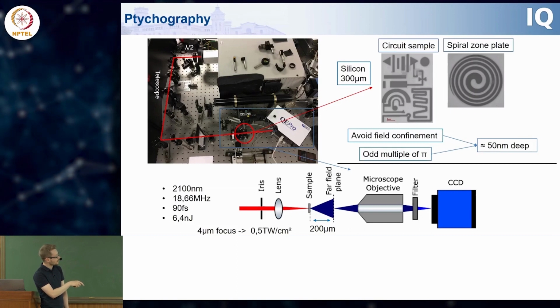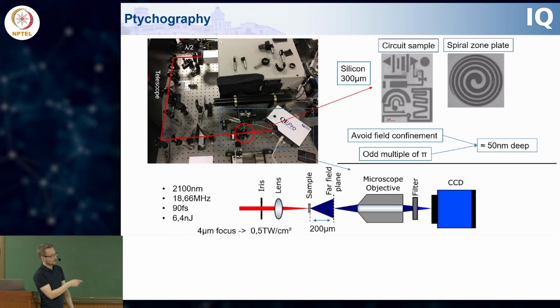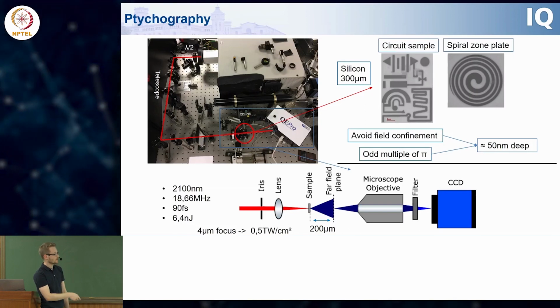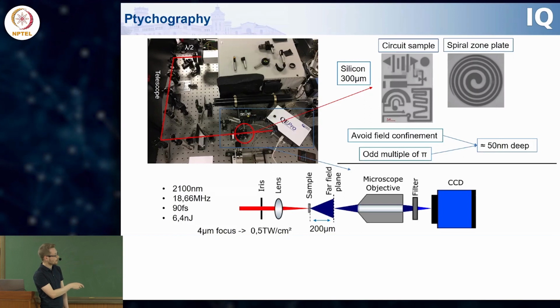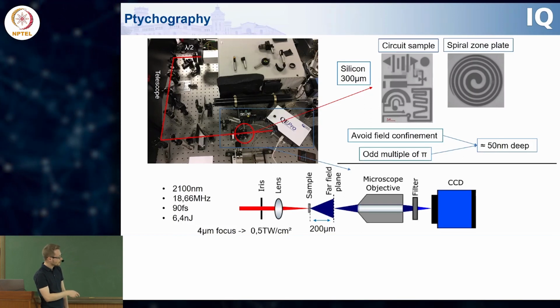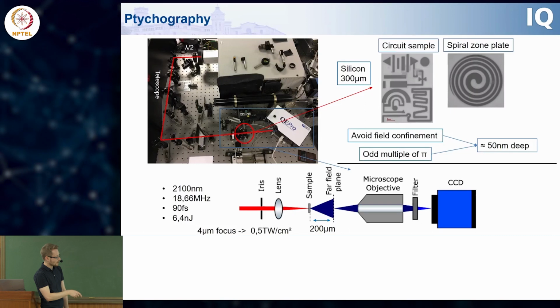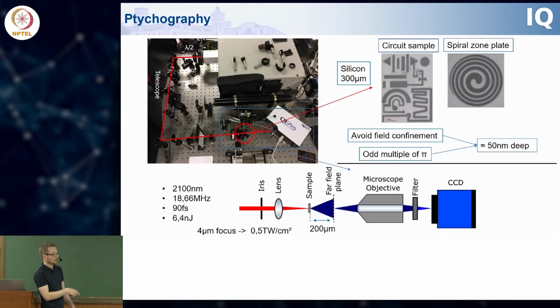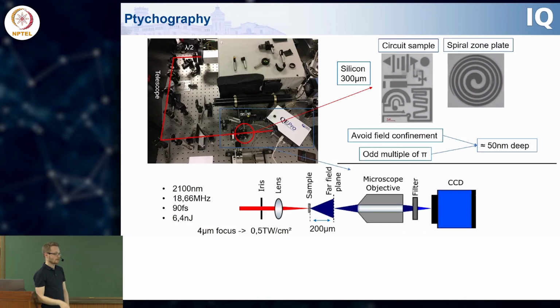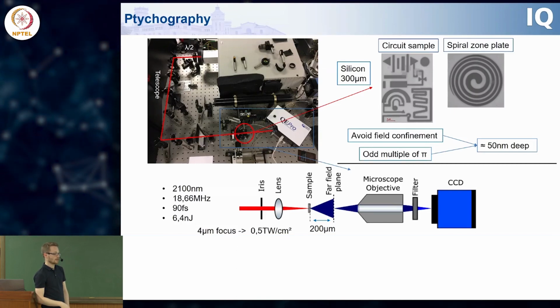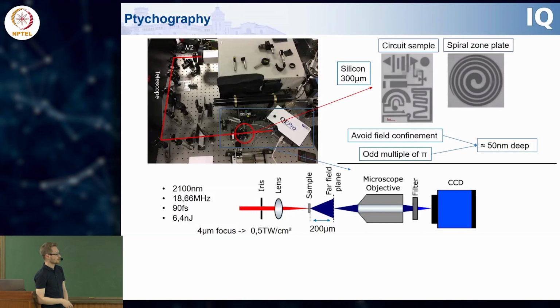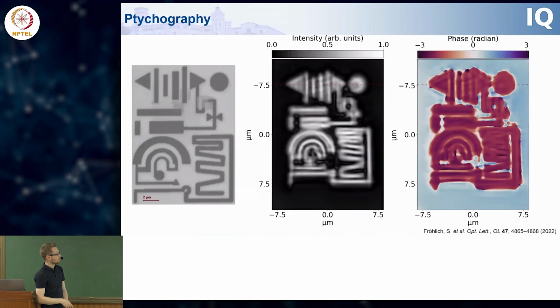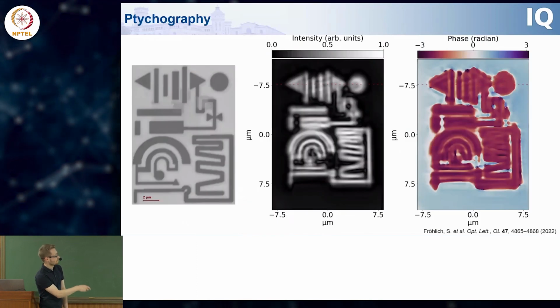Then here you see a spectrometer, which was for discerning the different harmonics. But later on, we used a camera in this spot together with a microscope objective to get the diffraction pattern on the camera, and took about 1,000 diffraction patterns of the sample that we need for the reconstruction.